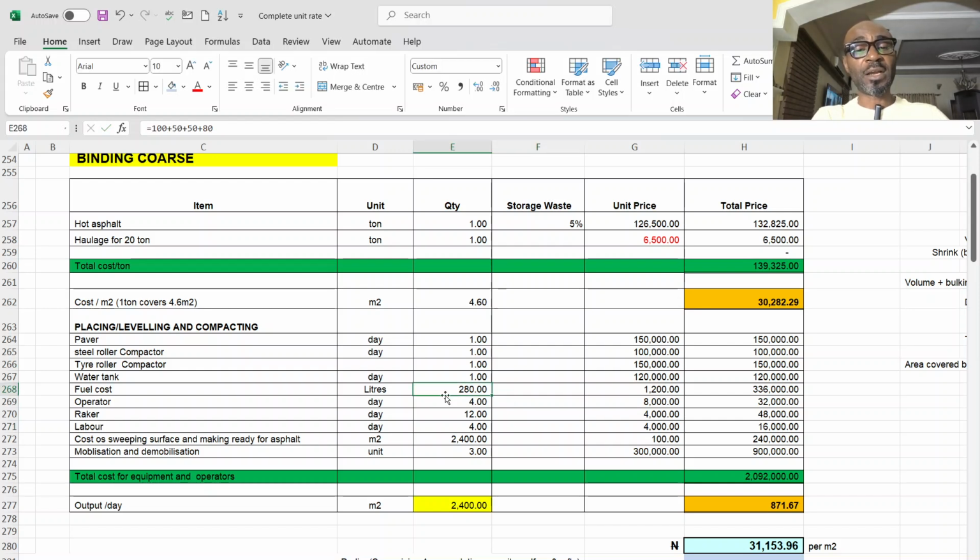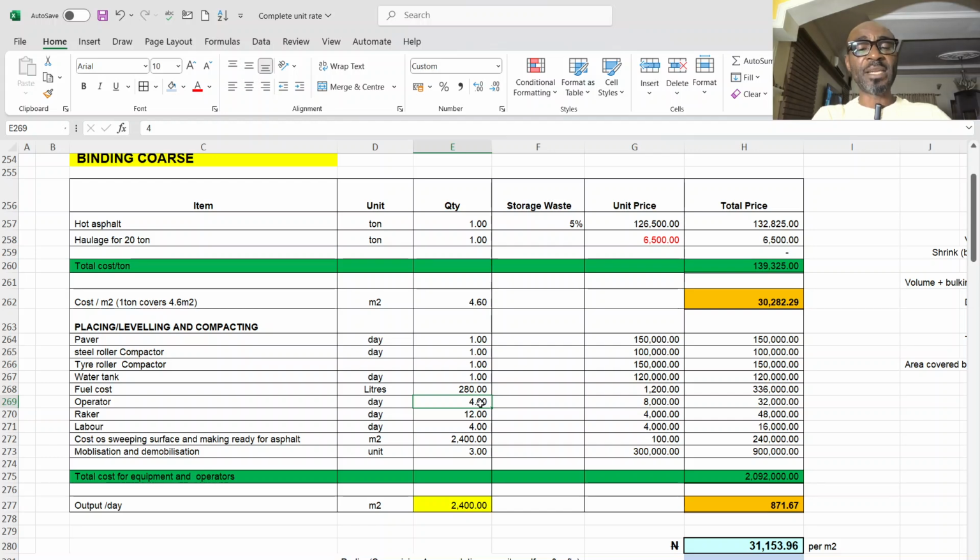So the total for the day is 280 liters multiplied by 1,200, which gives you 336,000 for fueling.